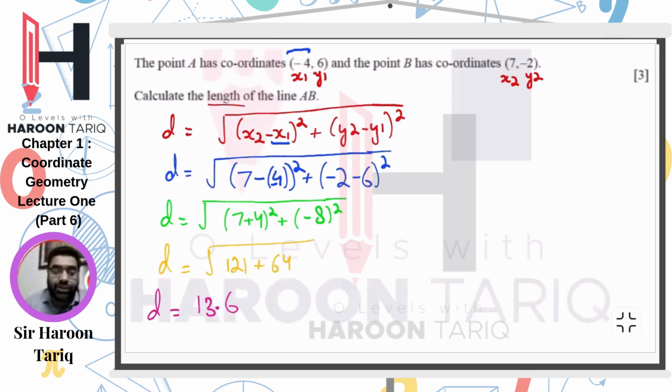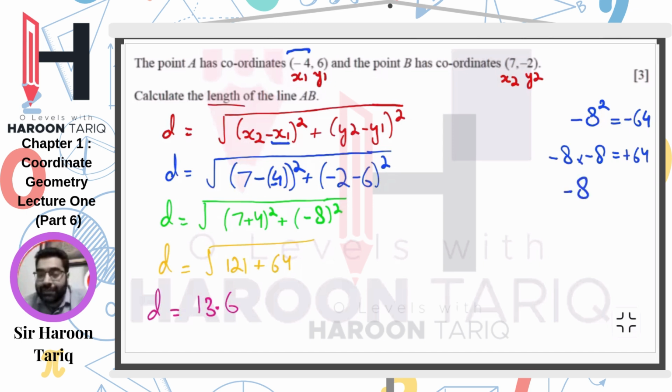Is this clear? Okay, now important thing to know, if you place minus 8 squared in your calculator it will give you minus 64, which is incorrect. Because minus 8 multiplied by minus 8 is plus 64. Minus multiplied by minus is plus. So always remember, if you want your calculator to give you the correct answer, you need to place it in a bracket.